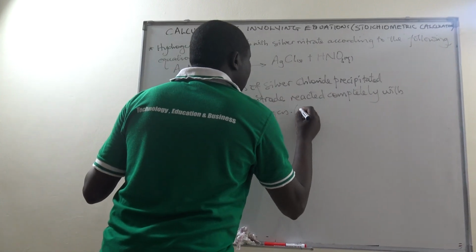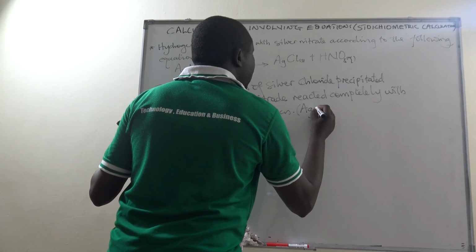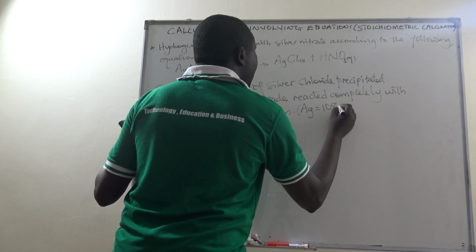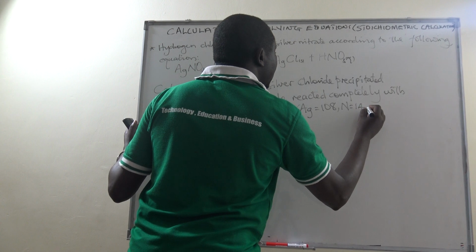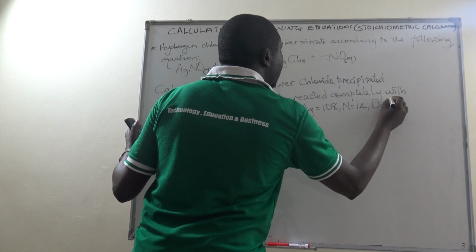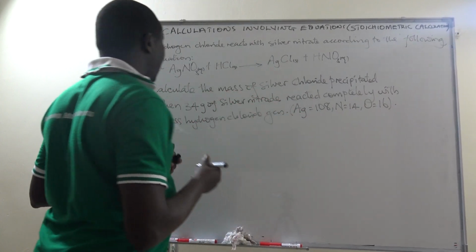Given that the relative atomic mass of silver is 108, nitrogen is 14, and oxygen is equal to 16.